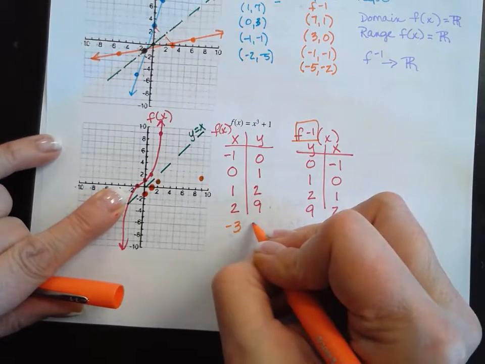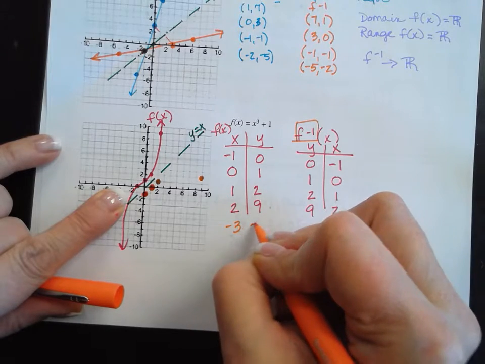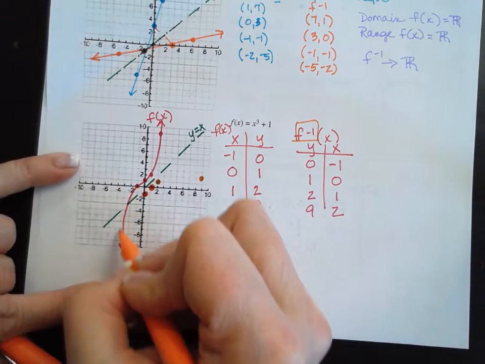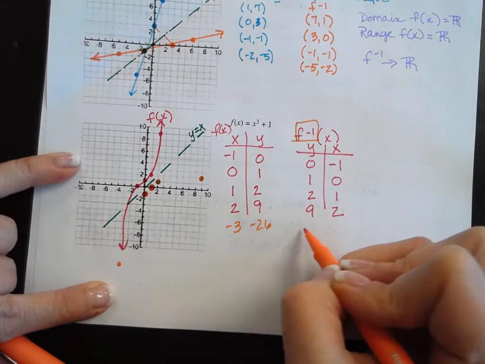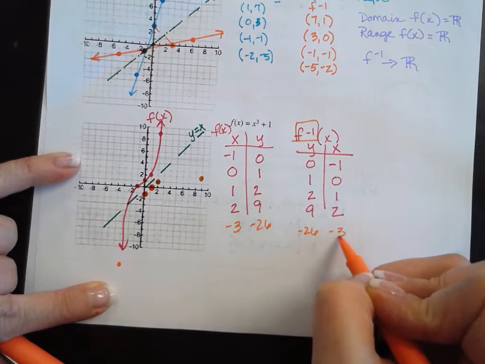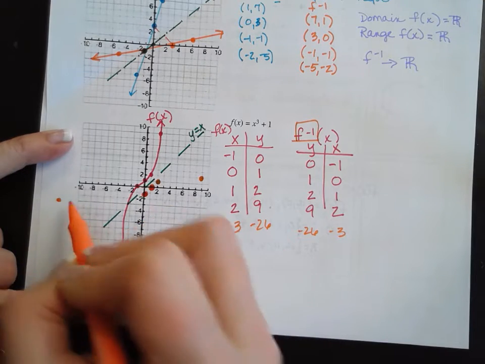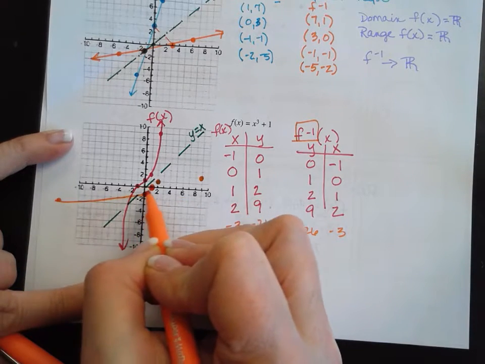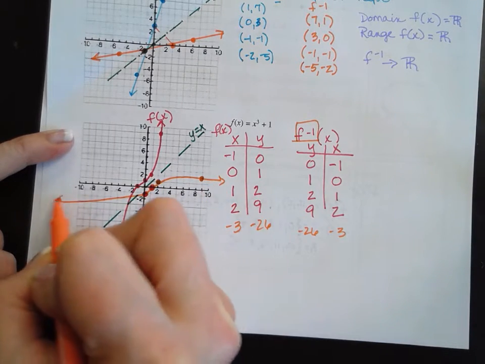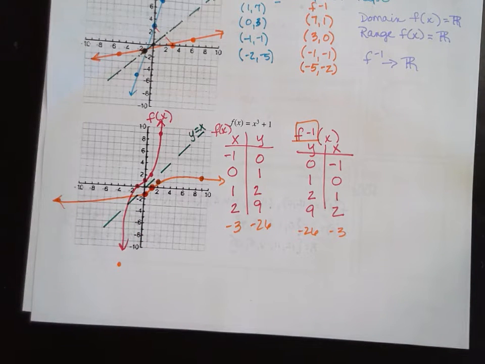Let's see, that'd be 27. You're right, -26, so it's going to be way down here. So -26, -3 is going to be here. That gives me an idea. Not as good at drawing my curve lines. Sideways. Good?